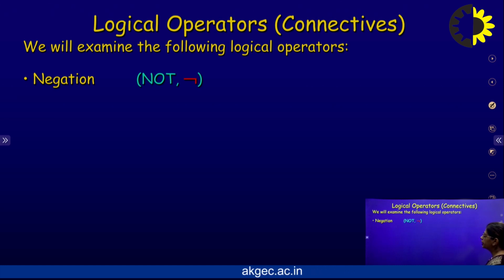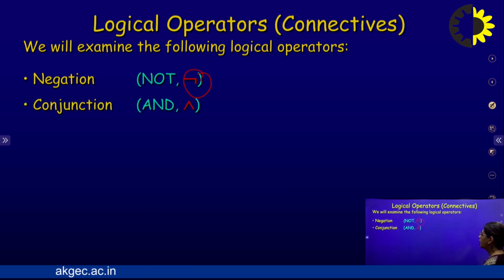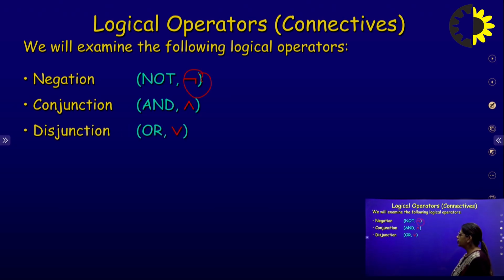Negation is the symbol of not. Conjunction is and, symbolized with the open triangle. Disjunction is or, symbolized with the reverse triangle.